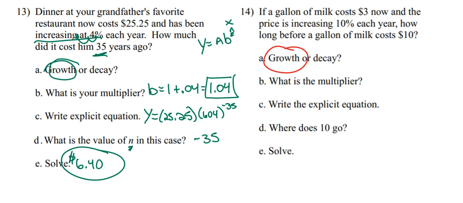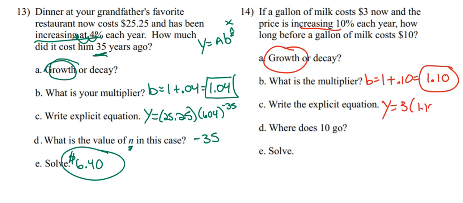What is the multiplier? So it's increasing, so that's going to be B equals 1 plus 0.10. So it's 1.1. Again, you don't need the 0. I'm just going to keep it, but obviously 1.1 is fine. Write the explicit equation. The explicit equation will be y equals, original amount is $3, 1.10, and this is going to be to the x, because we don't know the time.